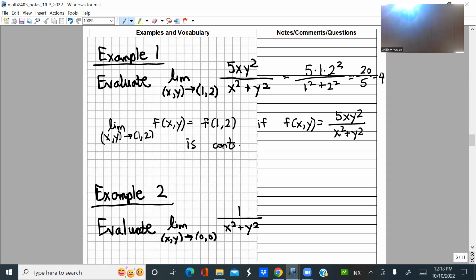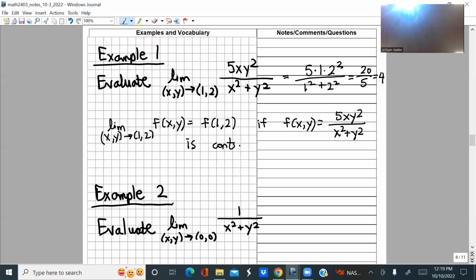Did you have a question, Elijah? You're wondering, does that limit exist? Well, there's something special about 0 divided by 0. That's often an issue with limits.